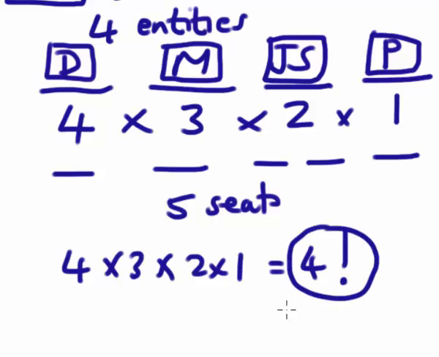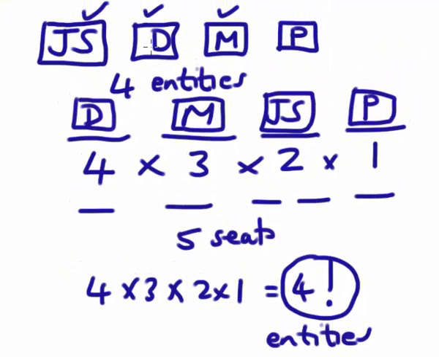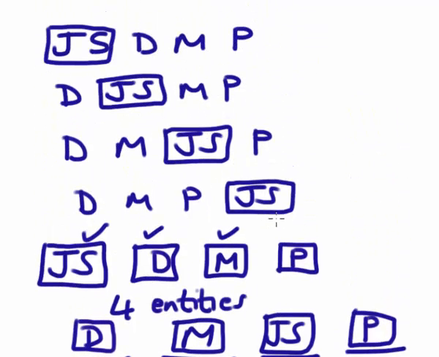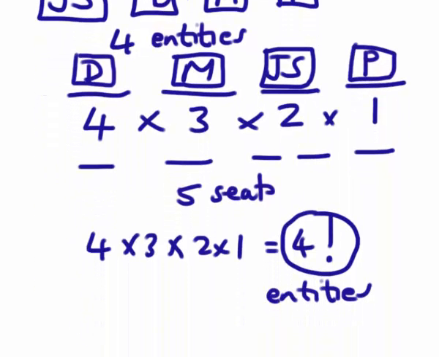So that has got to do with the 4 entities that I spoke about. The entities being the couple, James and Sarah, Dimple, Mike, and Peter, and they can be arranged in 4 factorial ways relative to each other, as I showed you. Relative to each other would be either one of these 4 positions here.